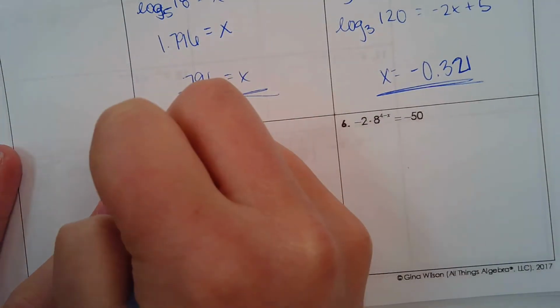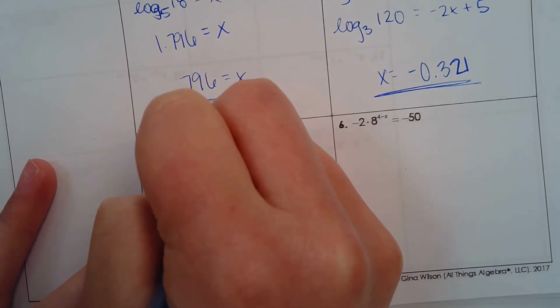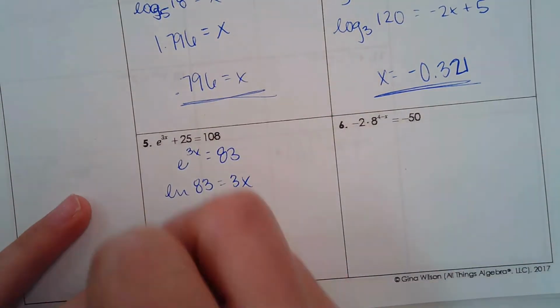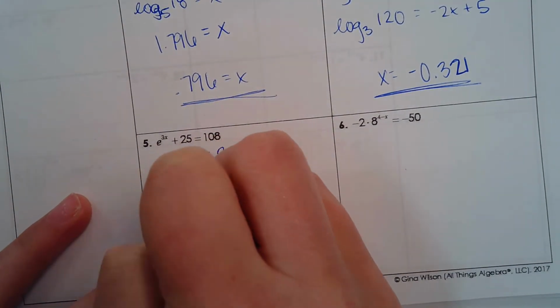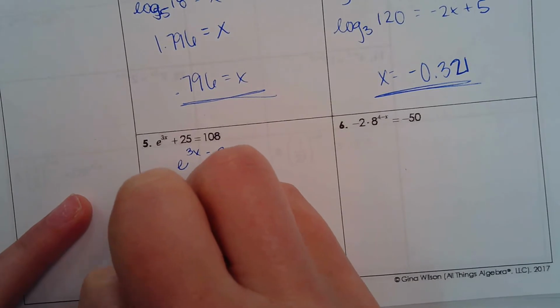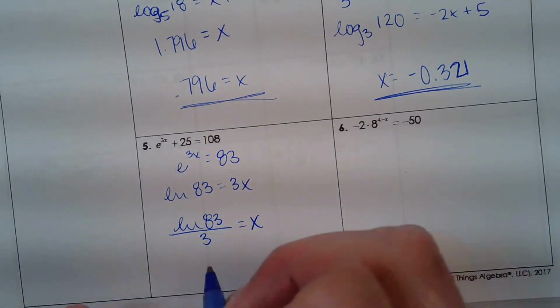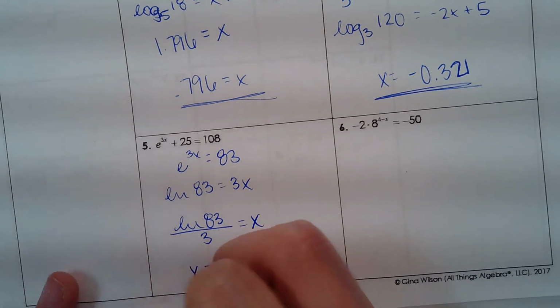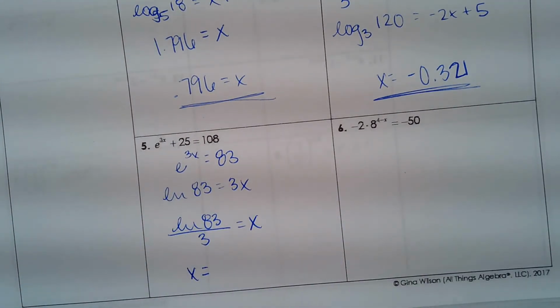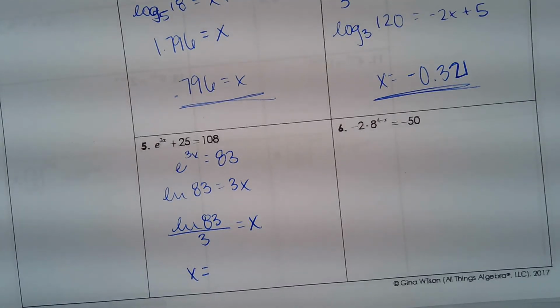So we'll say natural log of 83 equals 3x, then divide by 3. So I got 1.473.